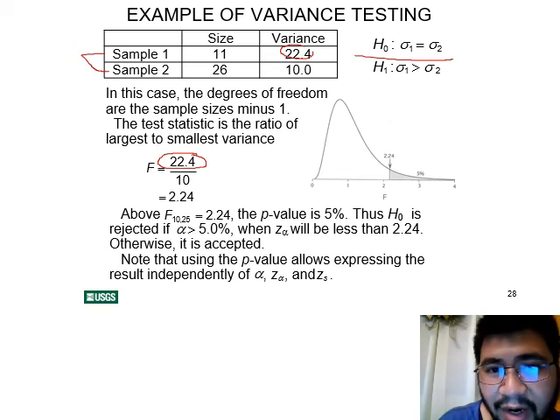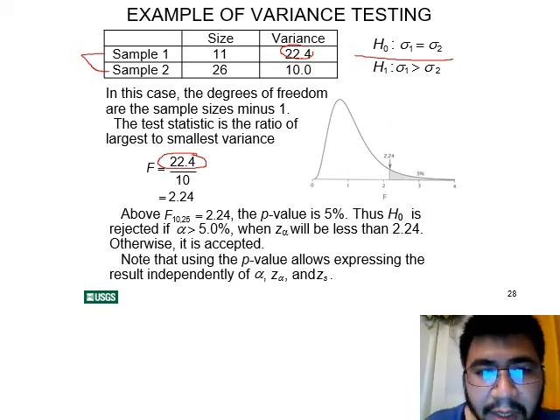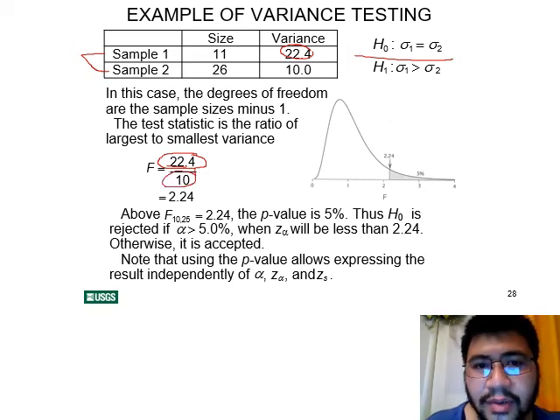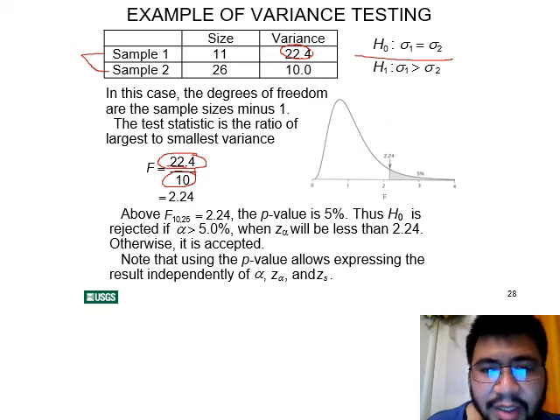I was meaning to say variance, right? Sorry. So again, going back, we take the largest variance and then we divide it by the smaller variance to get the F value. So here it's 2.24.